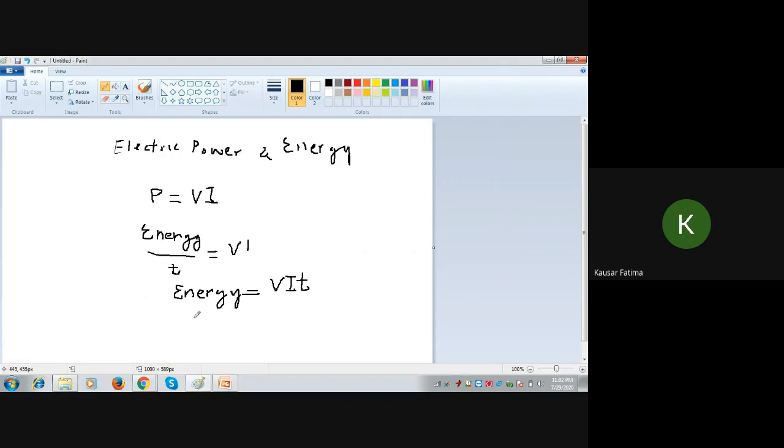So energy is equal to VIT here, and if you know the time, voltage and current, you can calculate energy using this. So energy is power into time.